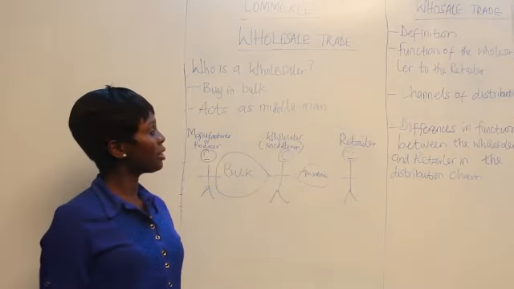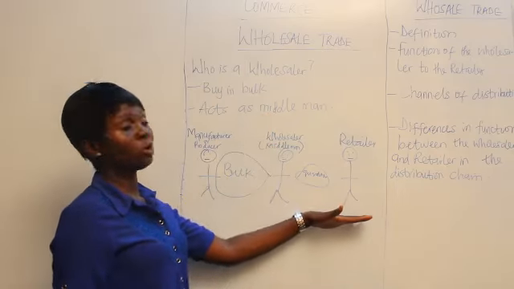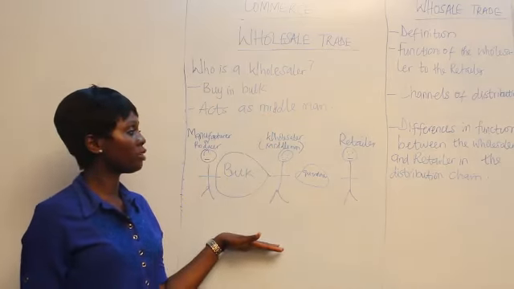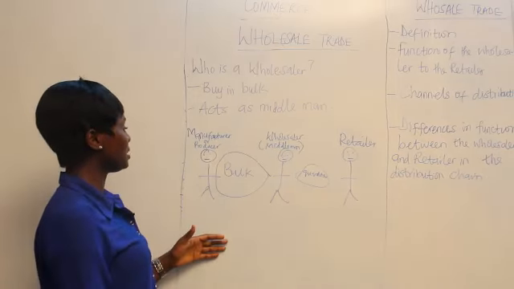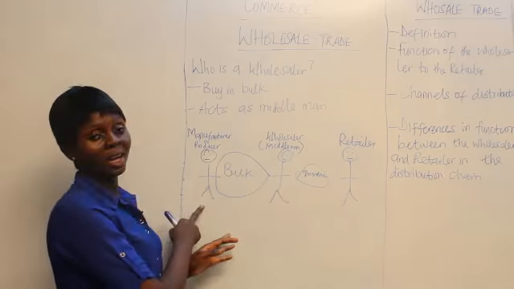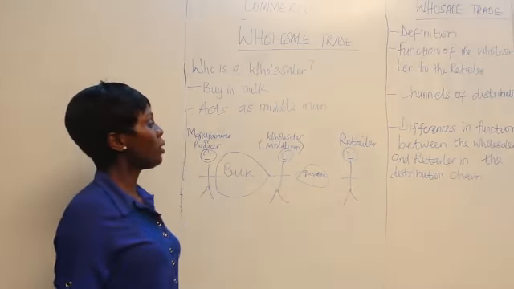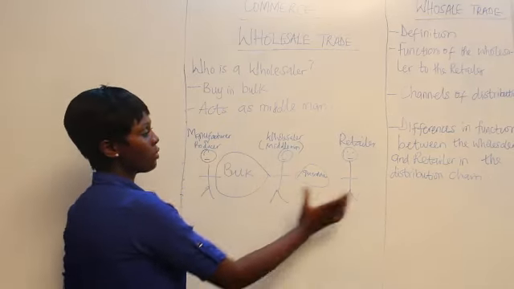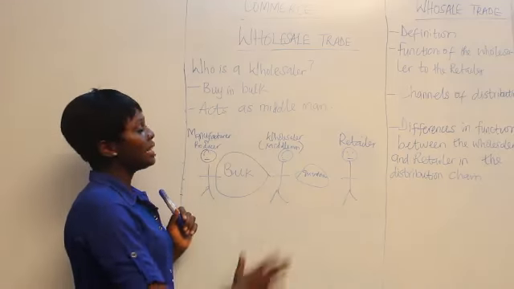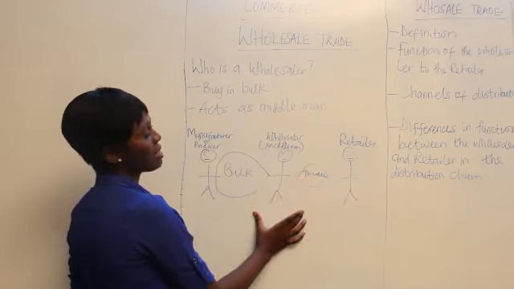I said earlier on that the wholesaler is the middleman. Now, let's quickly look at this illustration we have on the board. We have three different businessmen: the manufacturer, the wholesaler, and the retailer. The wholesaler stands in the middle as an intermediary.